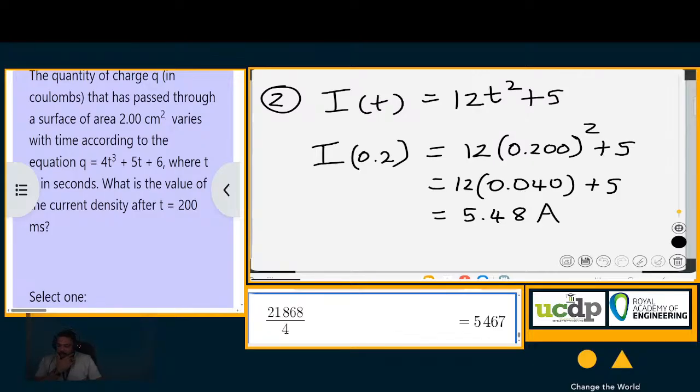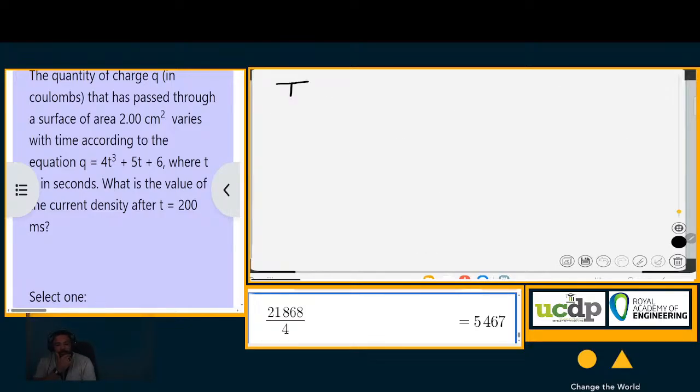How do we calculate current density? Remember the current after 0.2 seconds is 5.48 amperes.